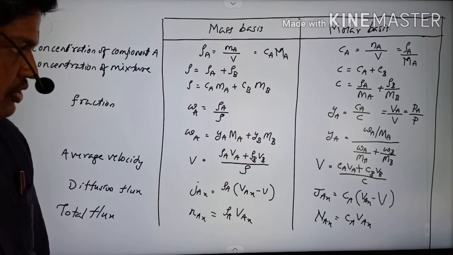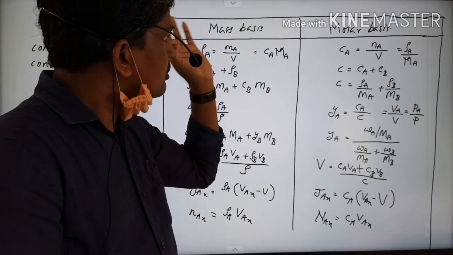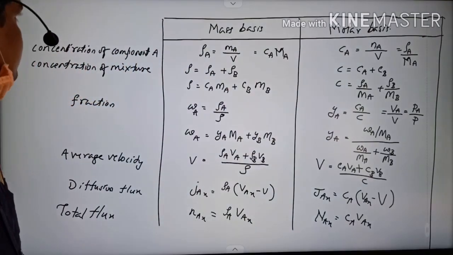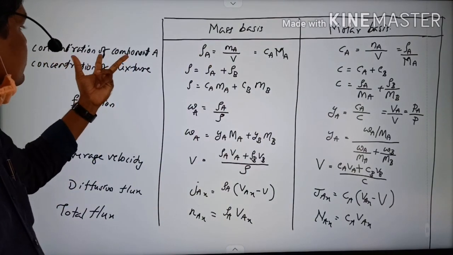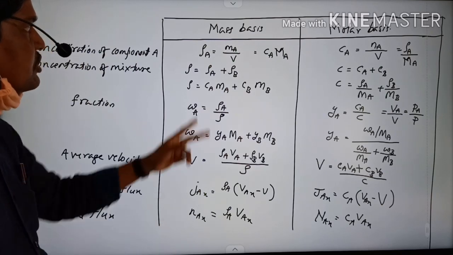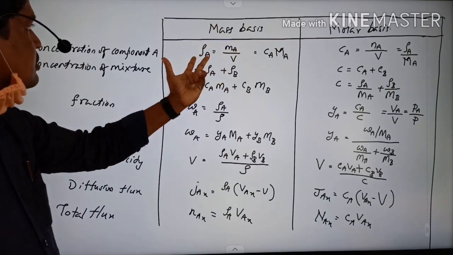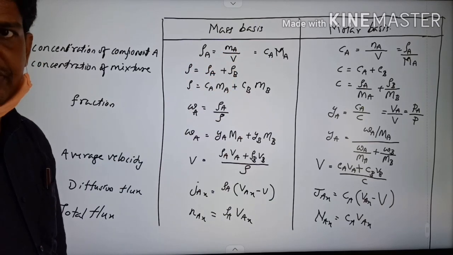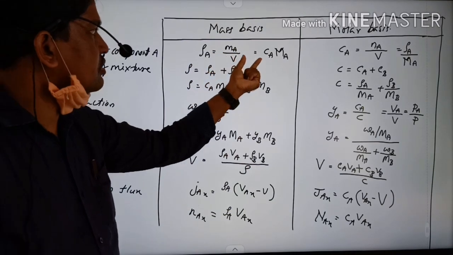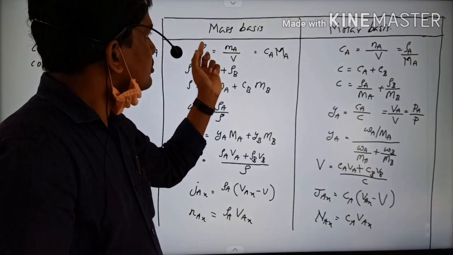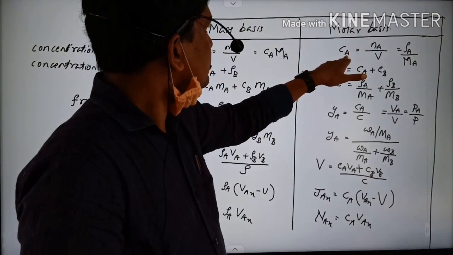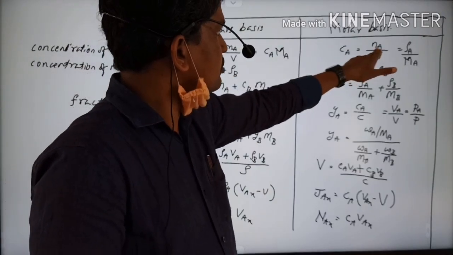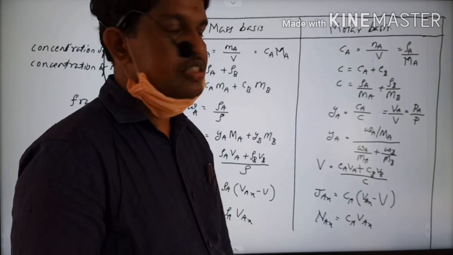So here I have listed the terminologies which we have studied so far. That is the concentration of component A based on the mass, that is rho A, which is equal to mass of A divided by volume of the mixture, where V is the volume of the mixture. Then similarly, the molar concentration of A, Ca, which is equal to number of moles of A divided by the volume of the mixture.